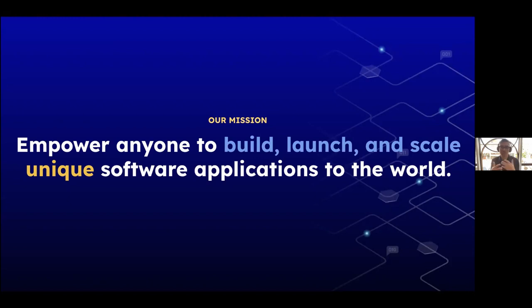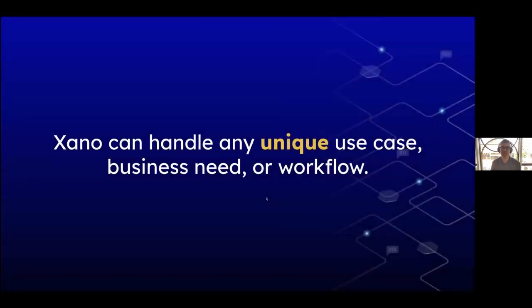So when you're building with a lot of these no-code tools, they might take you 80% of the way, but we believe 100% is necessary to make innovation happen and really launch the amazing products that you want to push out into the world. And to that end, we're Turing complete. Basically, we want to say that we're the first and only Turing complete no-code backend out there, which means anything you can define with software, you can also do within Xano.